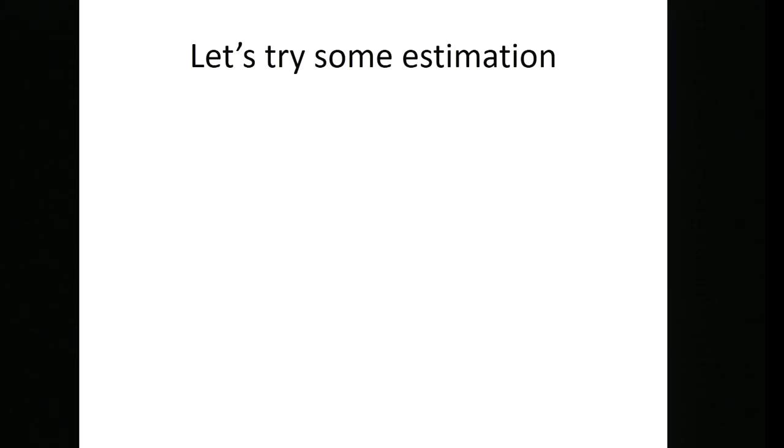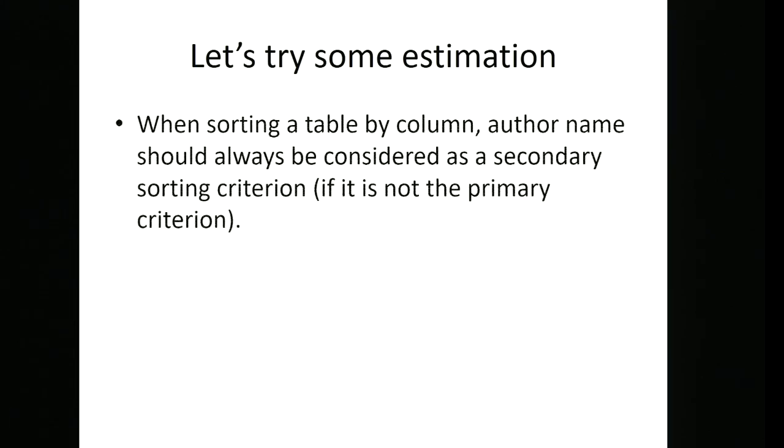Okay, excellent. So here is the story that we would like you to estimate in hours. Let's say hours for now. So how many hours would it take you to complete this? You are allowed one decimal place if you wish. When sorting a table by column, author name should always be considered as a secondary sorting criterion if it is not the primary criterion.